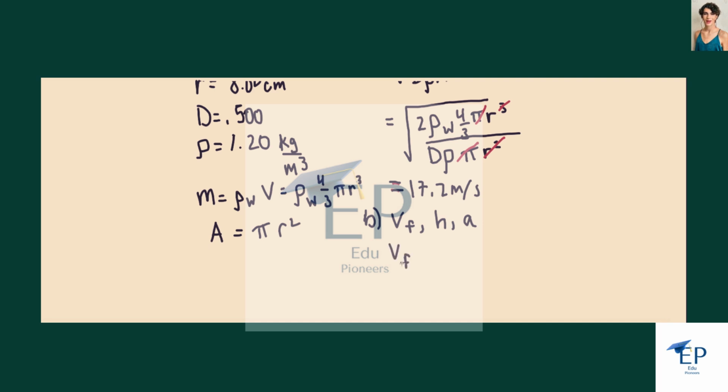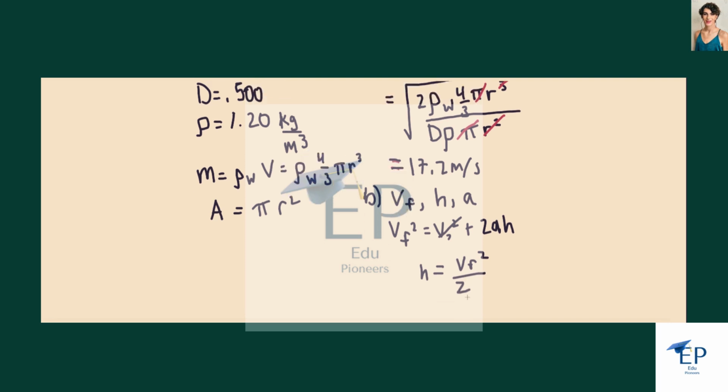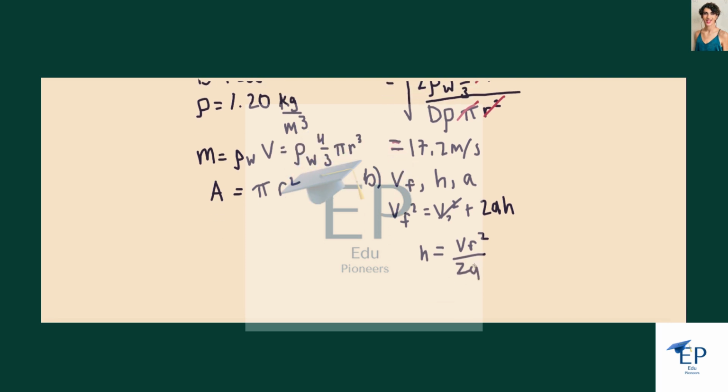That makes me think we want to use V final squared equals V initial squared plus 2A delta X, but let's call that height instead of delta X. And there's no initial velocity. So the height is just V final squared divided by 2A, and A is of course gravity. So it's V final squared divided by 2 gravity.